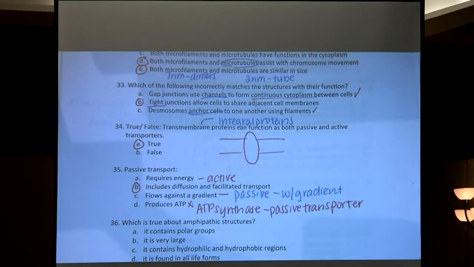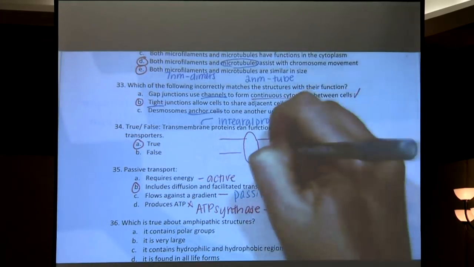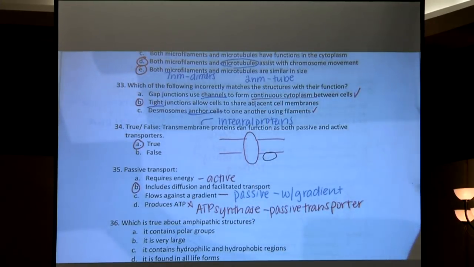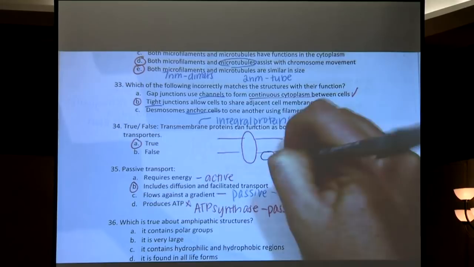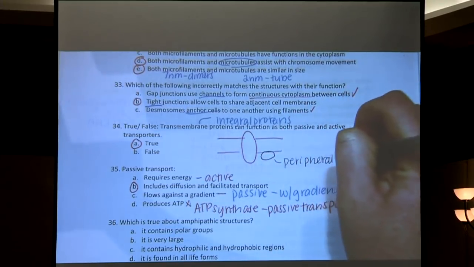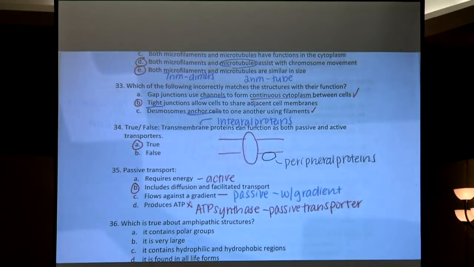And then we do have one other type. However, this does not go through. It's simply on one side, or does not go completely through the membrane. These are peripheral proteins. Okay?